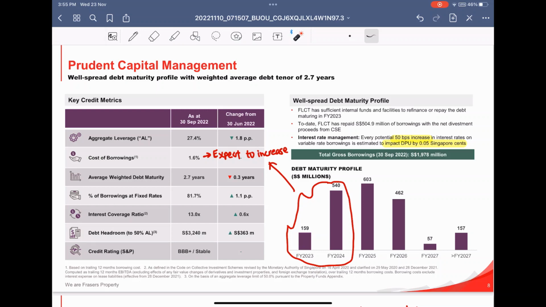However, as you can see from FY2023 and 2024, they have a bunch of debts that are required to be refinanced. So because of this, I expect the cost of borrowing to increase over the subsequent 2 years. So this is something that you have to take note of.